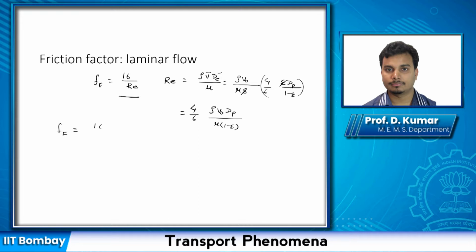So this will be 16 by 4 rho V naught d_p, and this denominator will go up, multiplied by 6 mu 1 minus epsilon. So this is your f_f.